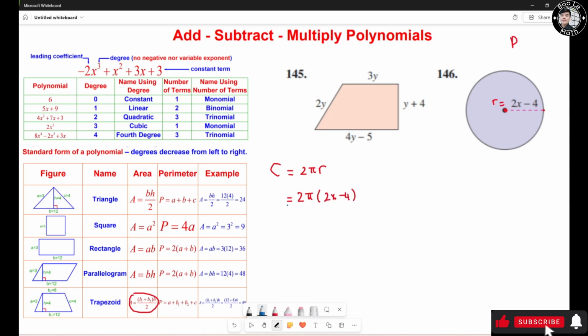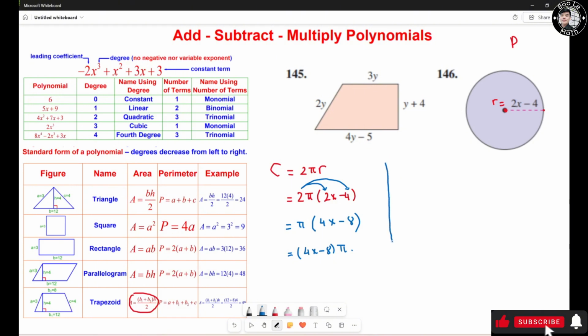Now, I just distribute 2, right? So I just rewrite pi right here. Distribute 2 over here. So I have 4s. And then 2 times negative 4 is going to be negative 8, like this. Alright, so you rewrite this one as 4s minus 8. Don't forget parentheses, pi. And this is the answer, right?